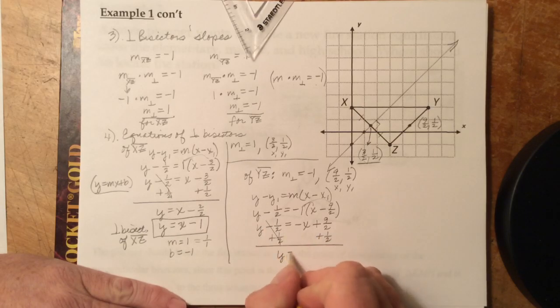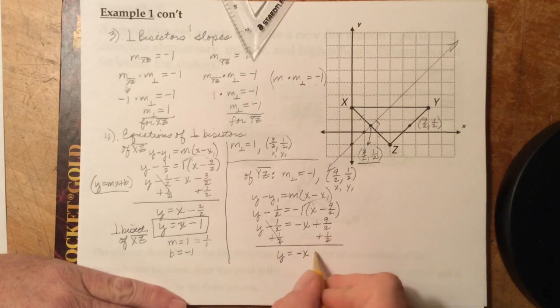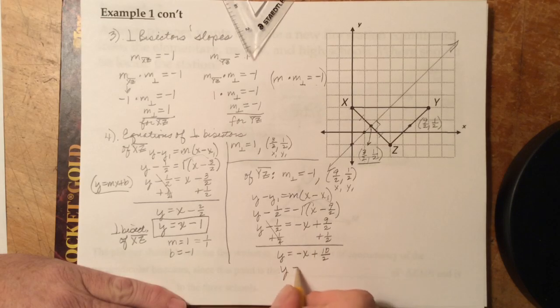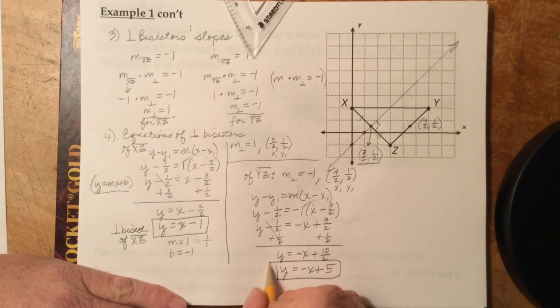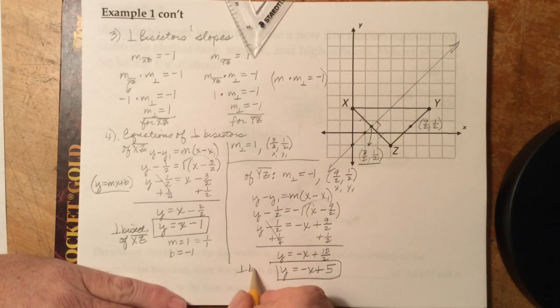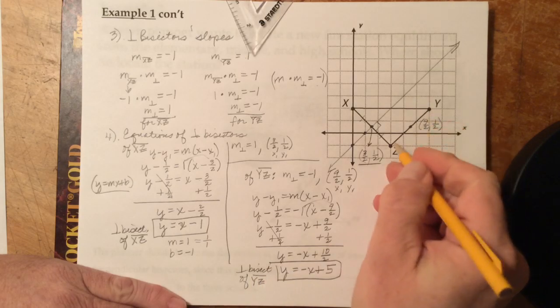We get y equals -x, and 9/2 plus 1/2 is 10/2. Simplifying further, we get y equals -x plus 5, since 10 divided by 2 is 5. This is the equation of the perpendicular bisector of side YZ, right here.